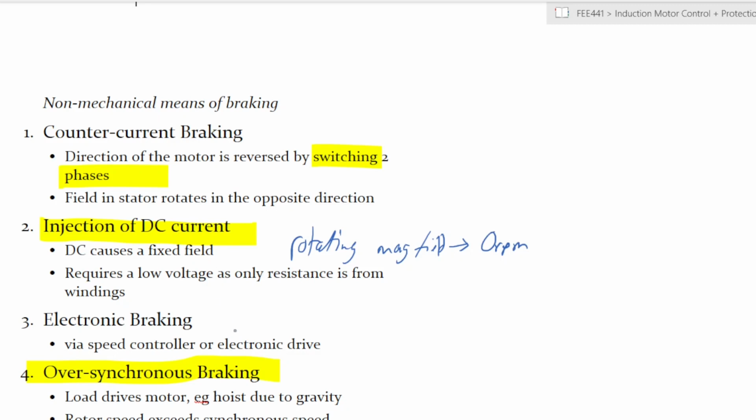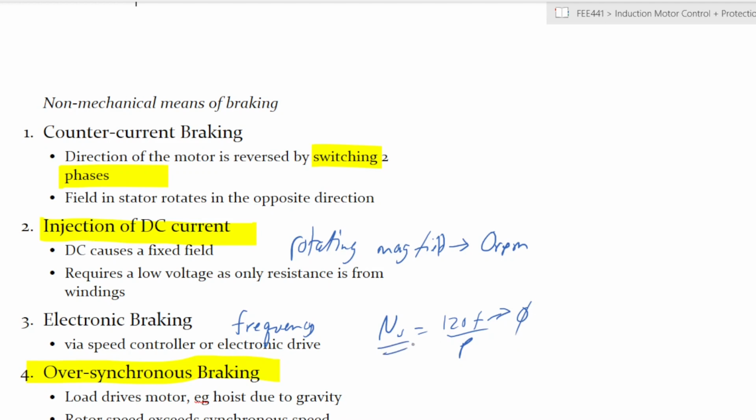Electronic braking simply means you change the frequency of the magnetic field. If you have ns equal to 120 f over p, and f tends to 0, that means your ns will also tend to 0.